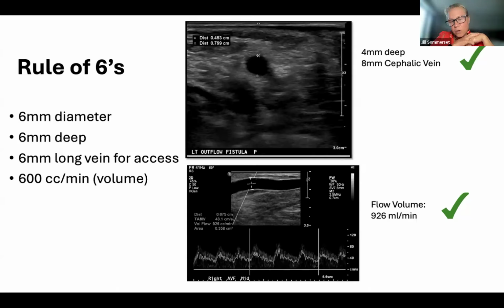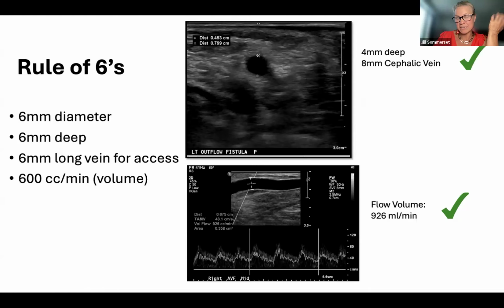And then the flow volume, whether you use brachial artery inflow or outflow in the venous conduit, we want it to be greater than 600 milliliters per minute. So in this type of situation, this patient has had an AV fistula. This is a brachiocephalic. You can see the diameter here is 8 millimeters and the depth is less than 6.